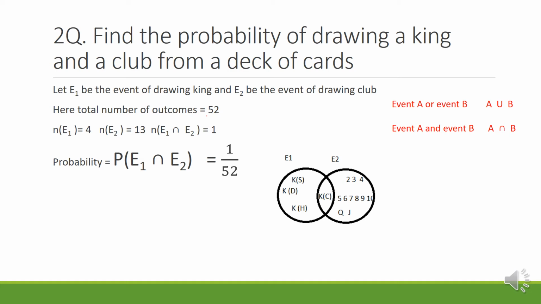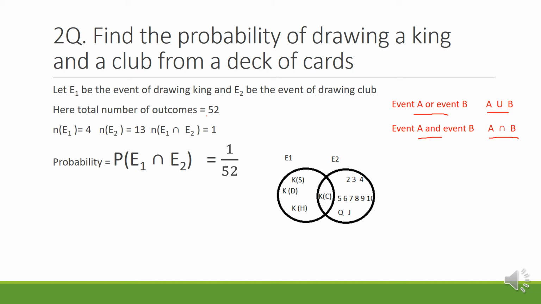Here we have to know one more thing: whenever we see event A or event B, we have to do A union B, and whenever we see event A and event B, we have to do A intersection B.